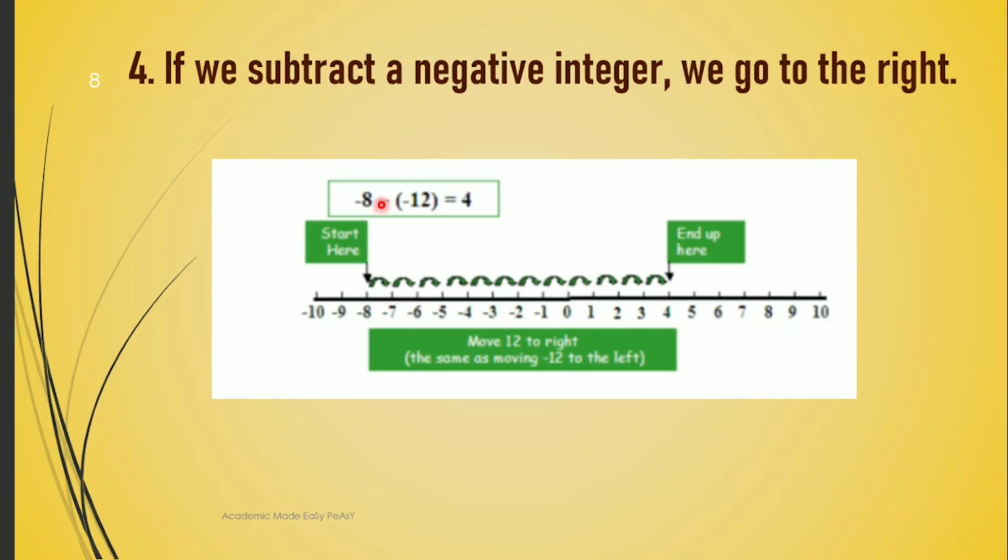I will decide now. See here, I have a minus sign over here and also a minus over here. So if we subtract a negative number, we have to move towards our right hand side. From -8, I will move 12 steps towards my right, so that I land on 4. So the answer is +4.